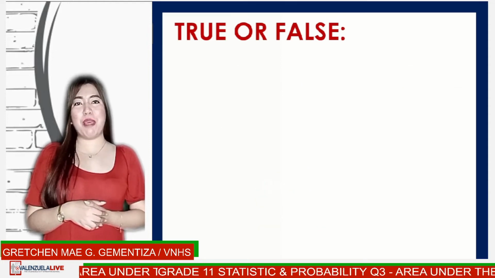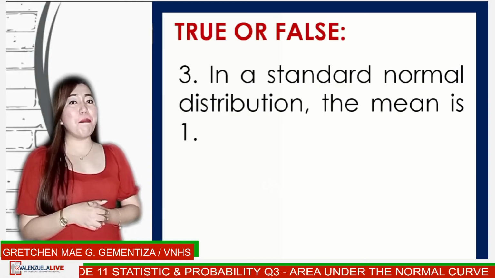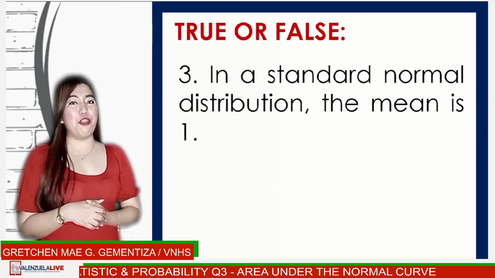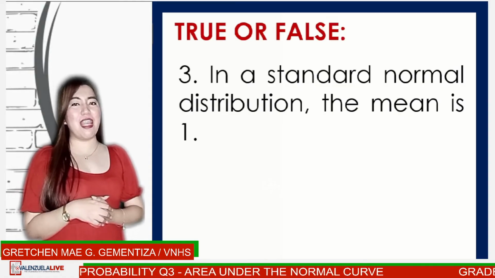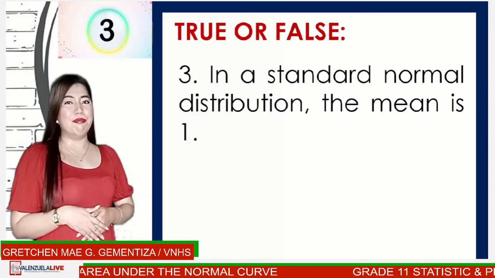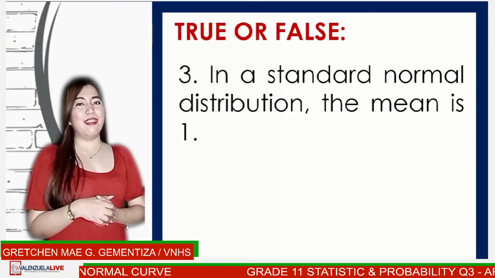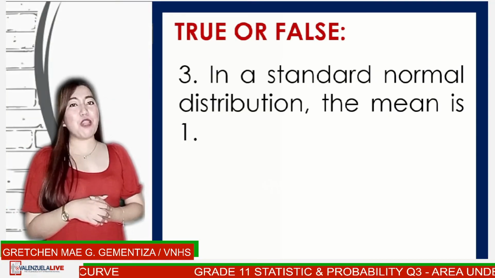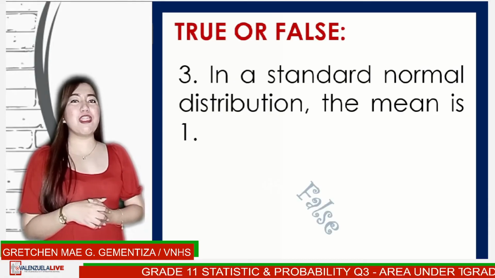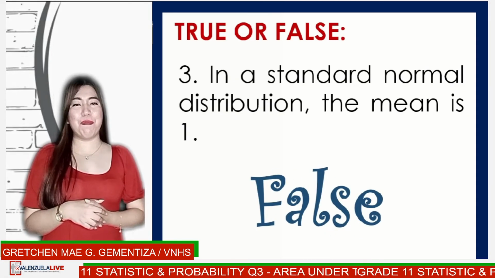Third statement, in a standard normal distribution, the mean is 1. Your 5 seconds starts now. Yes, statement number 3 is false because the mean is always at 0.